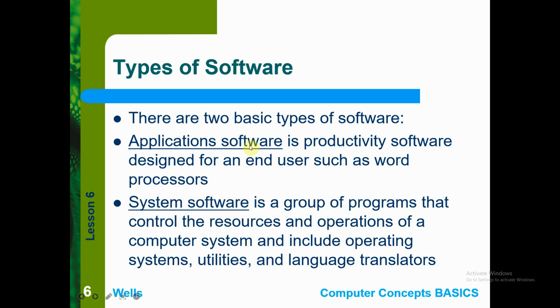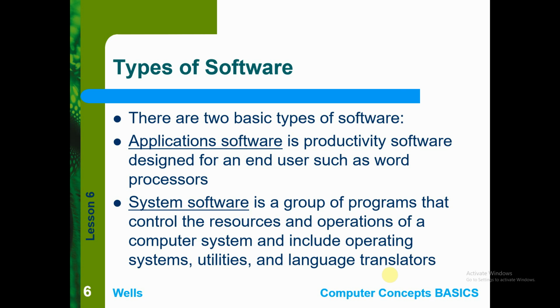So basically, ang application is ang inyong front end nga gamit, while the system software is on your back end. They use resources and operations for the computer system, including this OS, operating system, and utilities and language translators. Mga language translators going from the basic language for the human language nga command up to the system or computer language nga command.